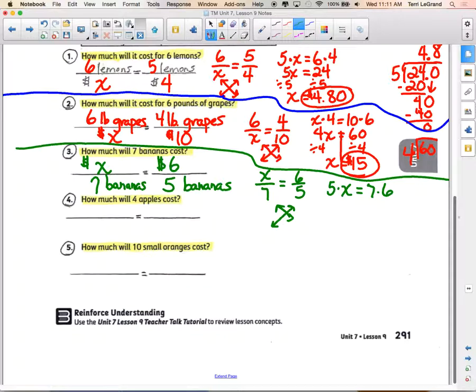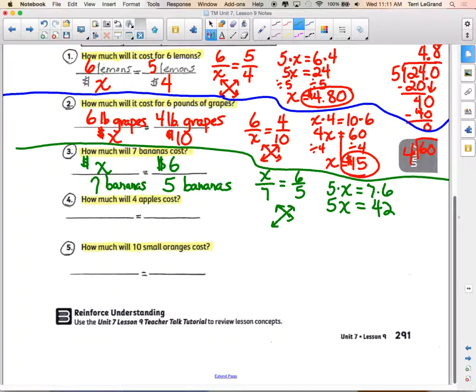What's important, Sylvia? Yeah, the tops are the same, bananas or dollars. The bottoms are the same. So we're going to have 5x equals, what's 7 times 6, class? 42.